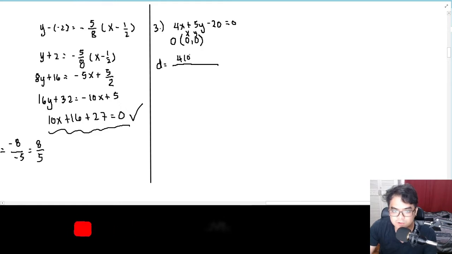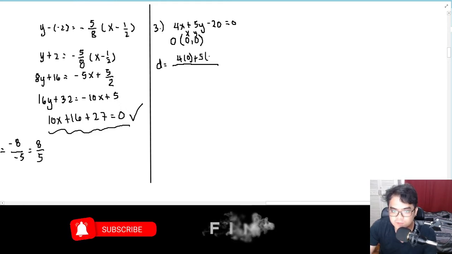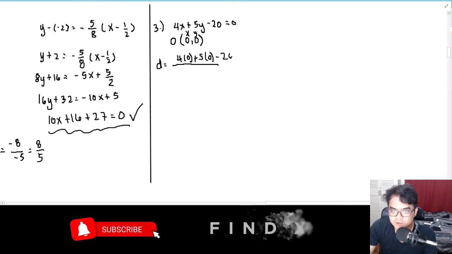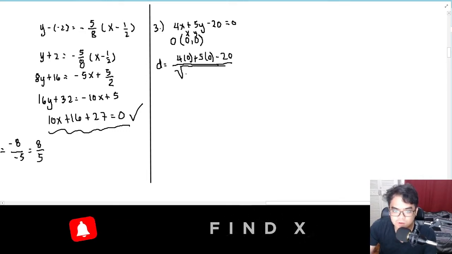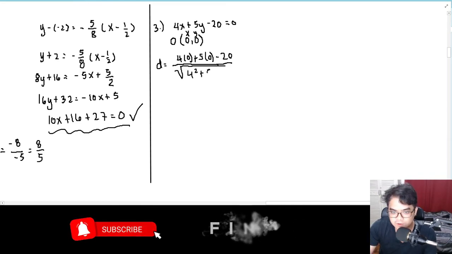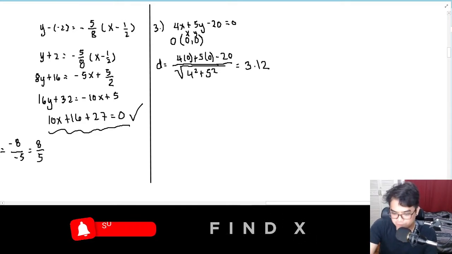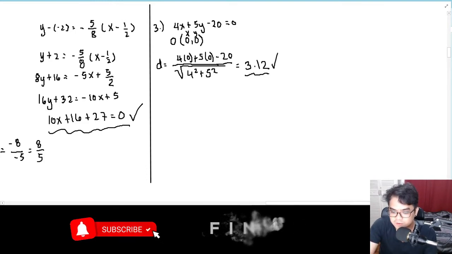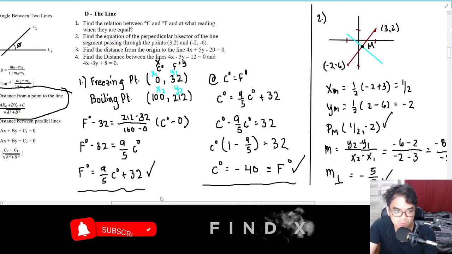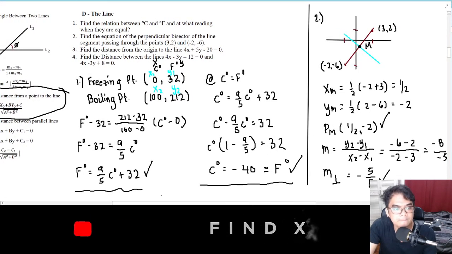So 4 times 0 plus 5 times 0 minus 20, all over the square root of 4 squared plus 5 squared. If you use your calculator, you'll get 3.12. So this will be your answer. It's just a direct substitution. Very easy one.